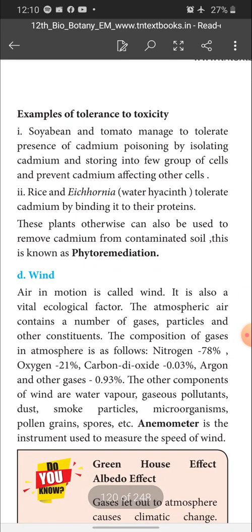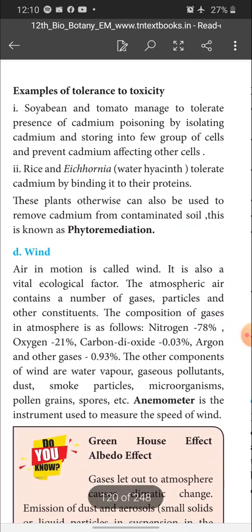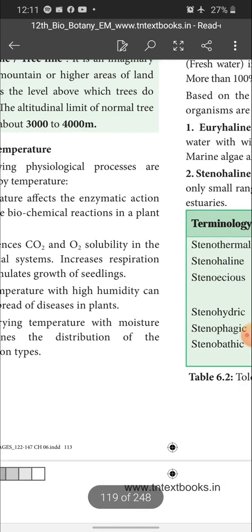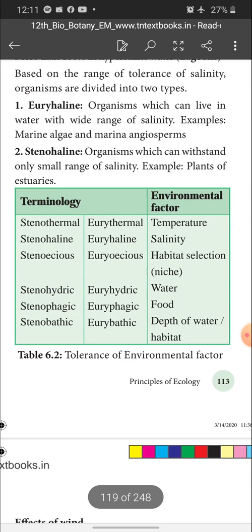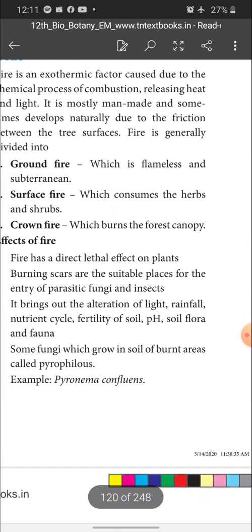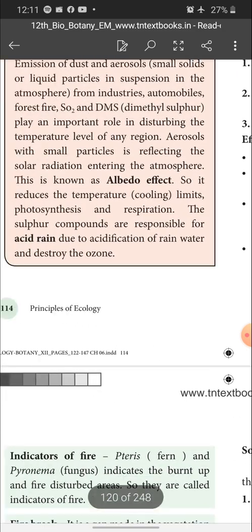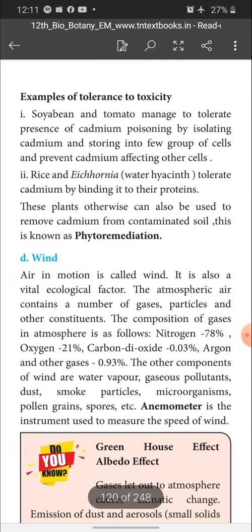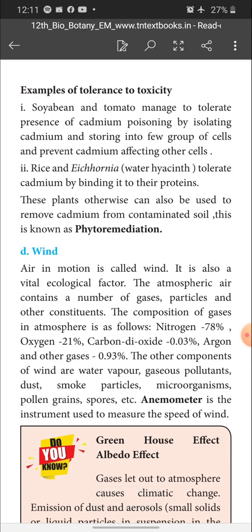Next, examples of tolerance to toxicity.